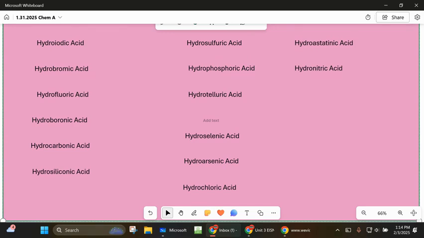There's only 3 left, I think, unless I'm missing one, right? Okay, you get to pick the last person. Hydrobromic up here, Maya, is the last one, I think, if I'm not missing something.